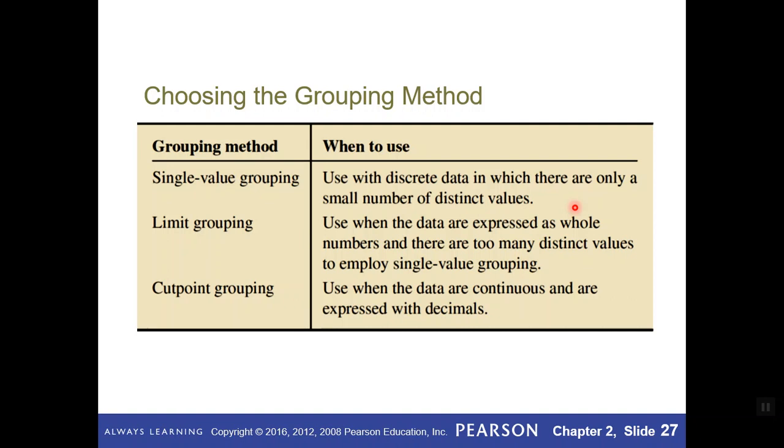Limit grouping is used when the data are expressed as whole numbers and there are too many distinct values to employ single value grouping.